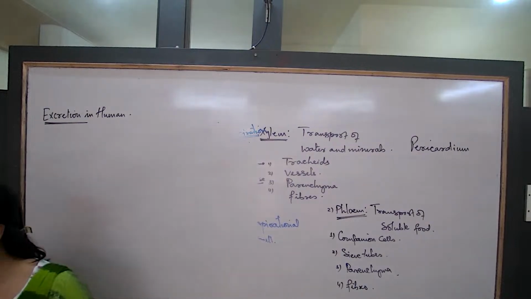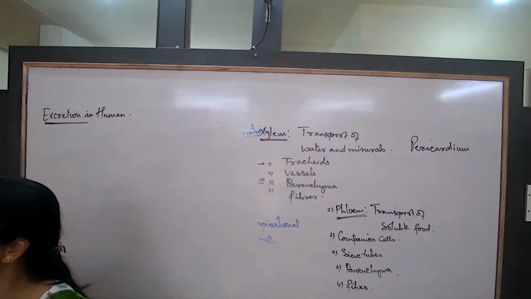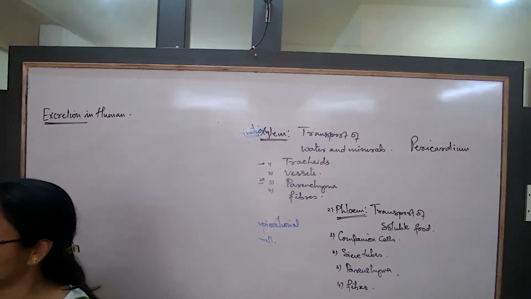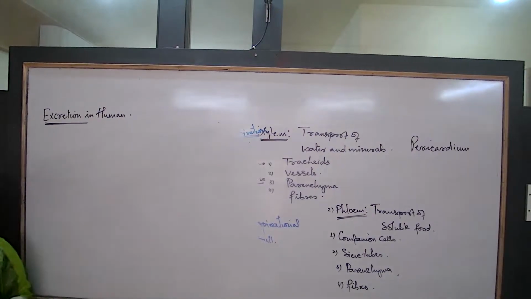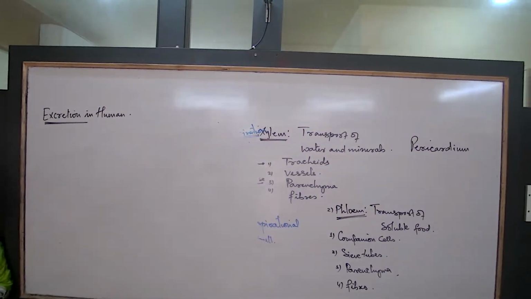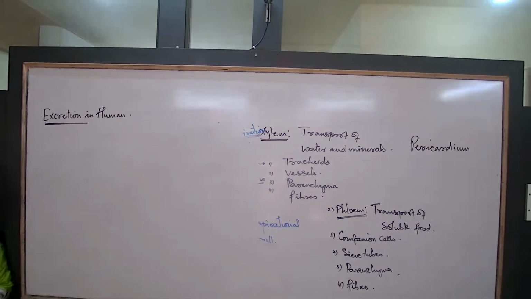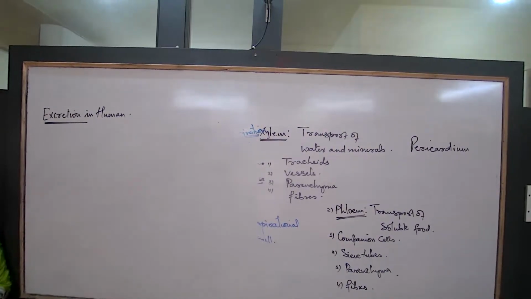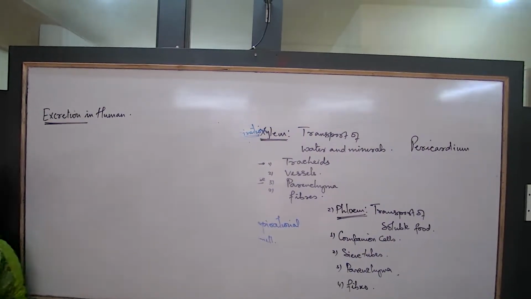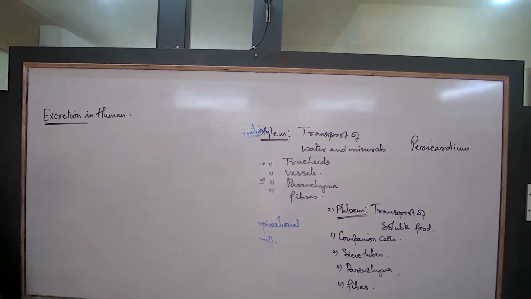For transportation, is there any figure? That plant, only that, no? About the cells and the tissues, there is no diagram as such, so there is no chance of any diagram drawing in this topic. So there will be no diagram drawing in this topic, only to understand the major steps, processes, only that.